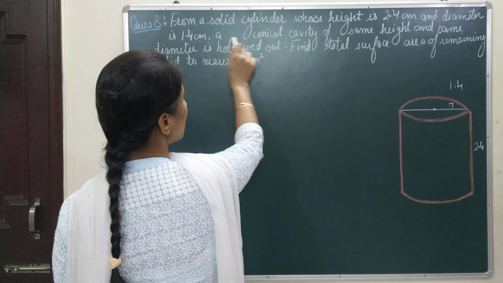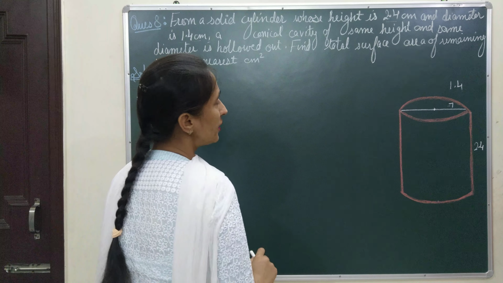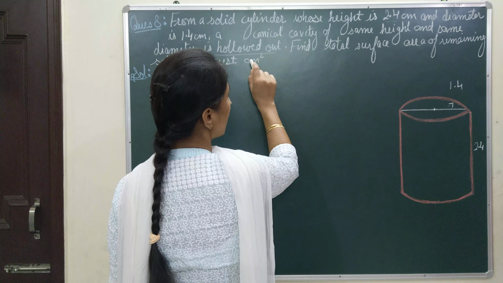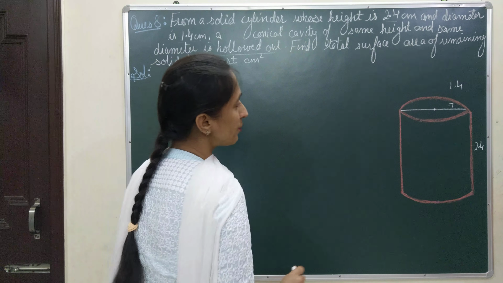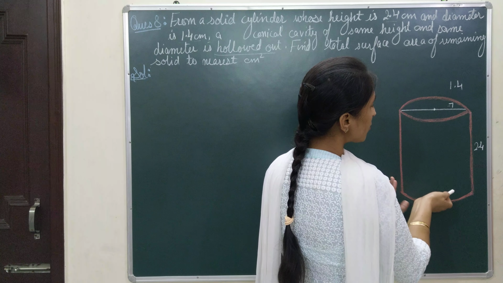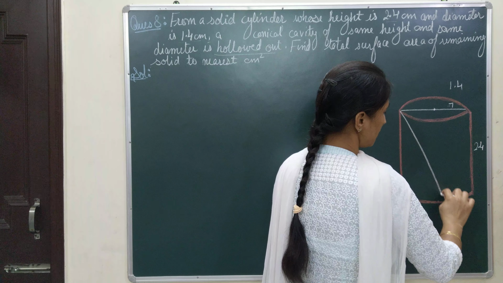Next, a conical cavity of the same height and same diameter is hollowed out. Hollowed out means taken out. Suppose that your cylinder is filled with ice cream, and when you are scooping out ice cream, a cone is formed.